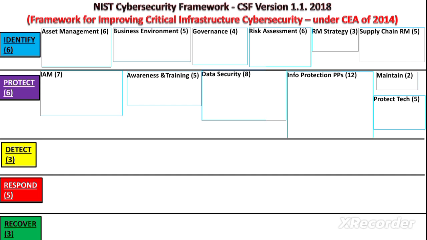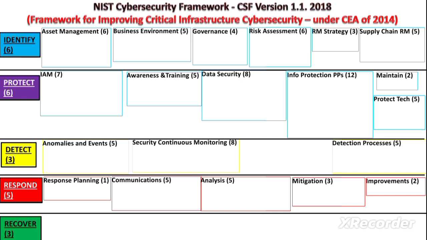Similarly, in the core function of protect, there are certain main categories like identity management and access control, awareness and training, data security, information protection processes and procedures to maintain the security, and protective technologies. And in the detect core function, there are certain categories of anomalies and events detection, security continuous monitoring, and detection processes.